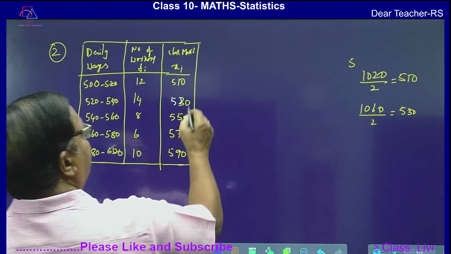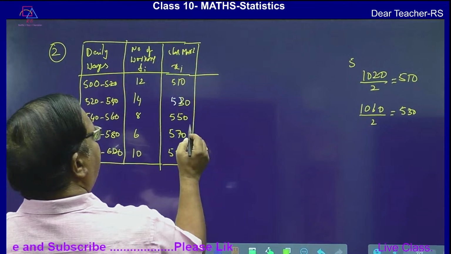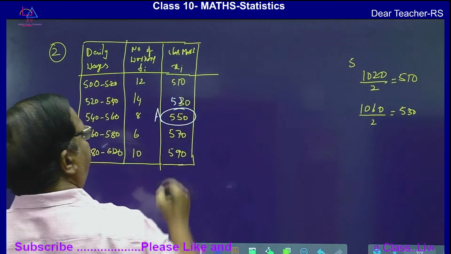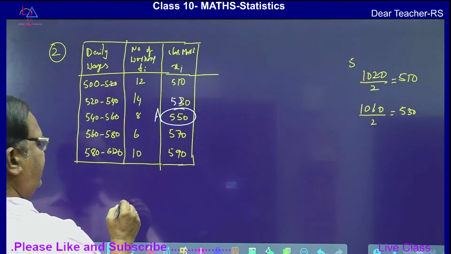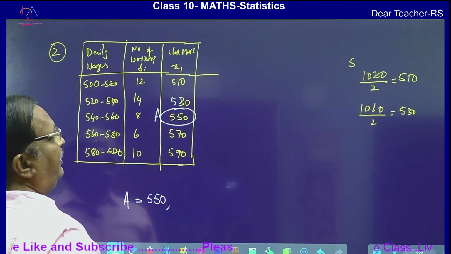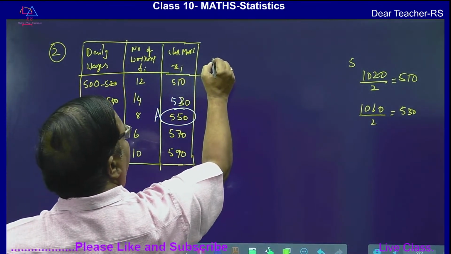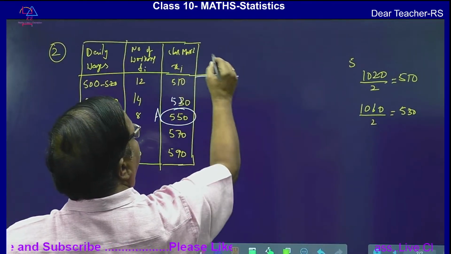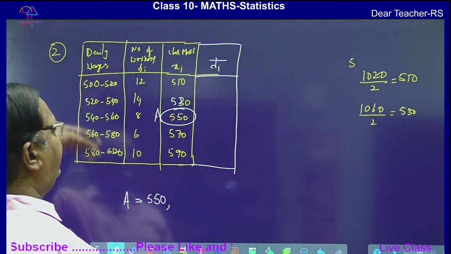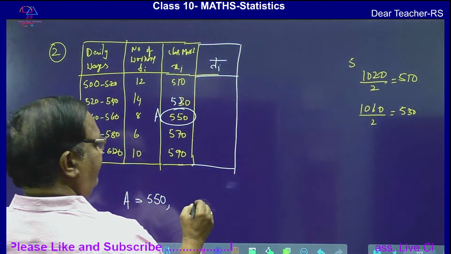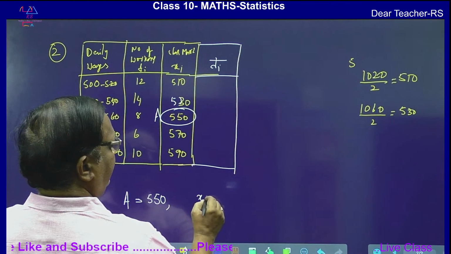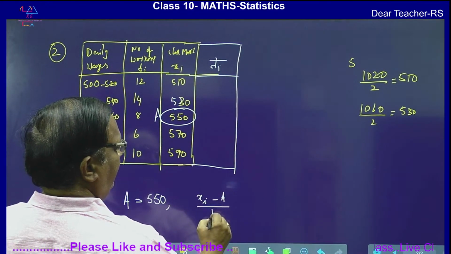So for the deviation method, let us assume somewhere in the middle an assumed mean A. So A is equal to assumed mean 550. Now you have to find out the deviation di from each mid value, because the numbers are increasing. The formula again I will tell you: di is Xi minus A by height of the class.